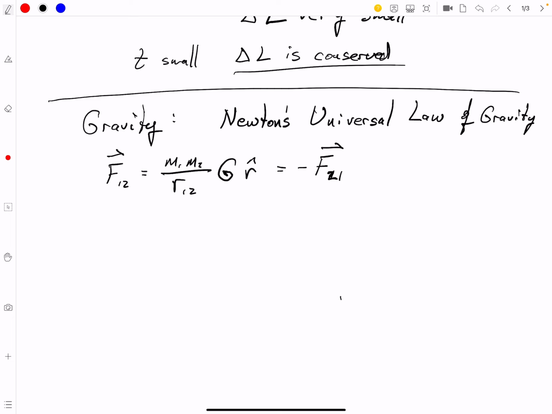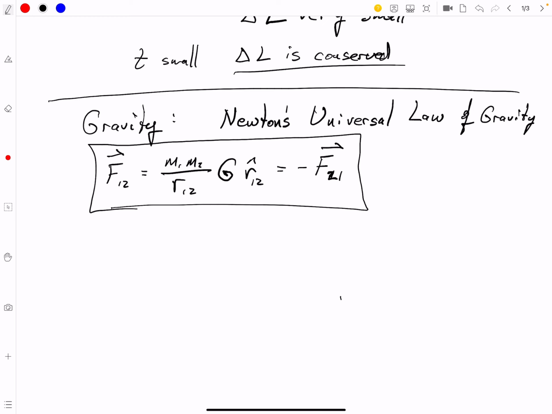So this is the universal law of gravity. Why is it universal? That's because everyday objects in your life and astronomical objects all use this equation. So both big and small, it works for. So it is universal.